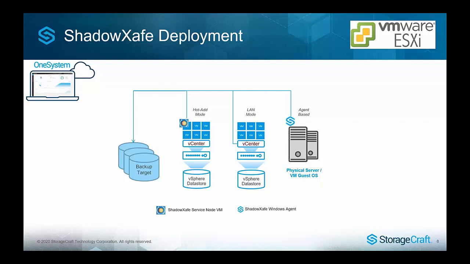If you have a host that's got its own direct attached storage, for example, that isn't also running a service node, then it will fall back to LAN mode transport, and that is throttled. It's a bit slower. You can't run as many at once. So, best practice with VMware environments is you may have multiple service nodes deployed depending on your storage architecture, and then of course any agents on the VMs or physical servers as you require.